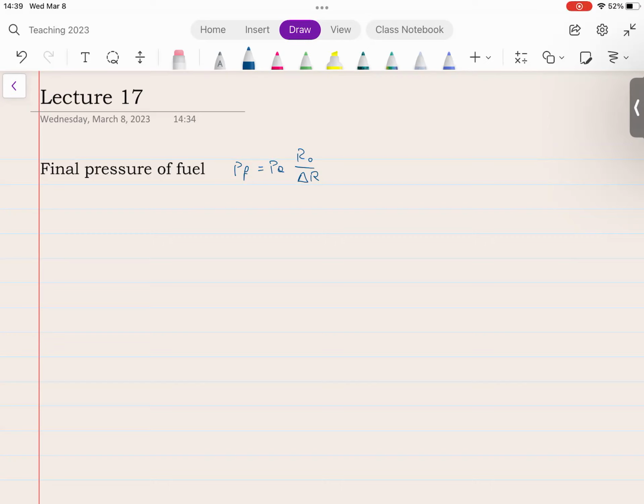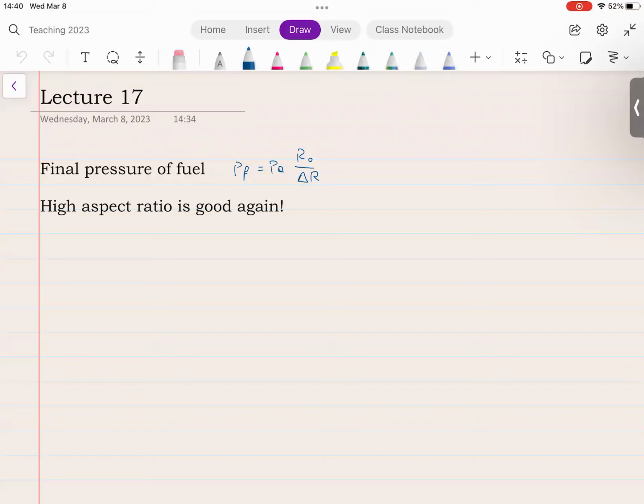So once again, we see that in this type of design, high aspect ratio, where this ratio, R0 divided by delta R, is large, we get a larger final pressure.